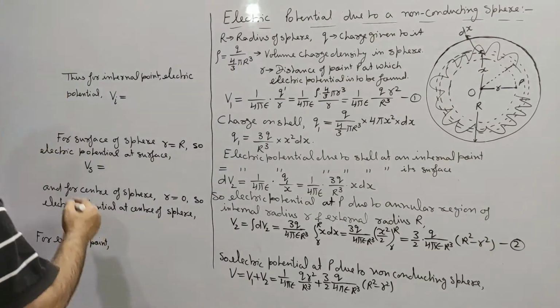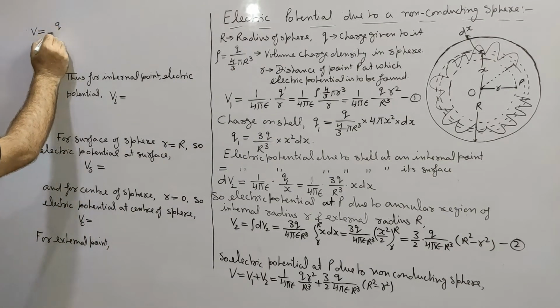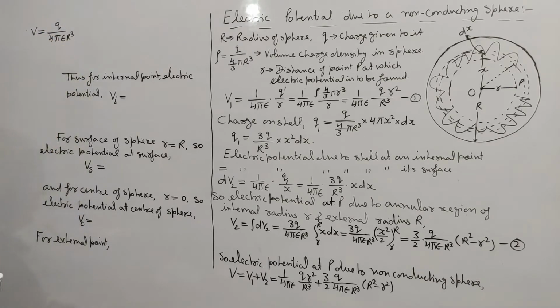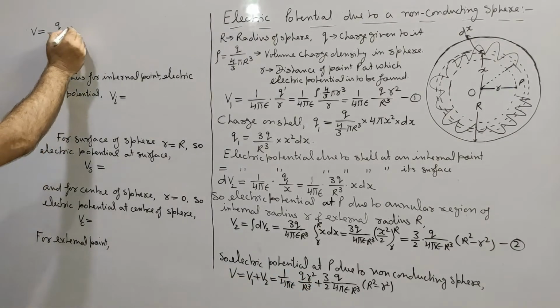Now this will give V is equal to q upon 4 pi epsilon r cube will be common, and then here we will be left with r square.